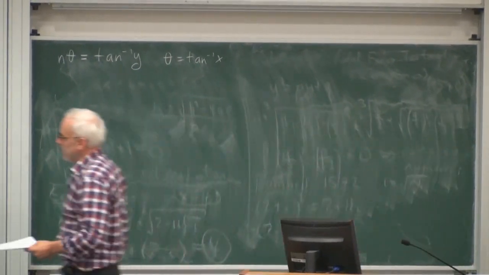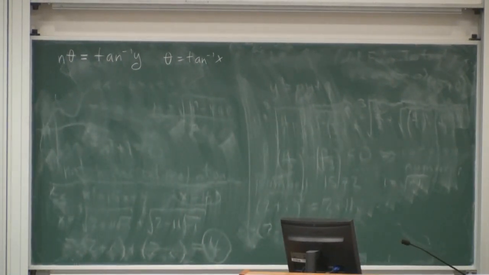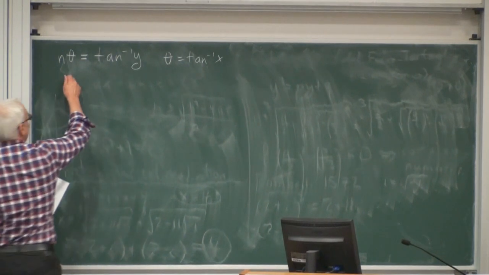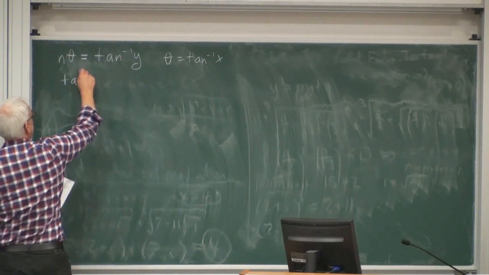Now the integral of 1 over 1 plus z squared is tan inverse of z. So the derivative of tan inverse of z is 1 over 1 plus z squared. But at that time, people thought rather of differentials than derivatives. So they took differentials.